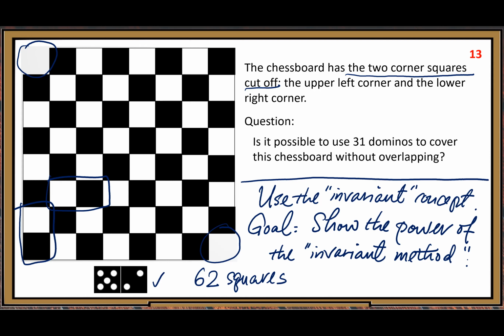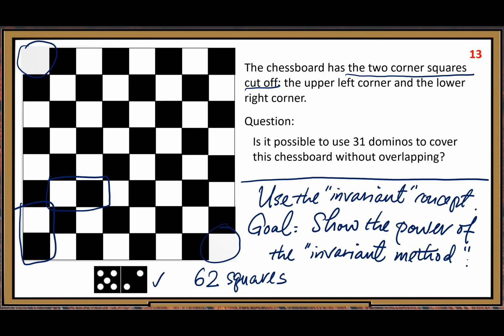Then you apply this invariant quantity, and you can answer this puzzle question easily. After you discover it, the answer should be very easy. That's the goal of this puzzle question.